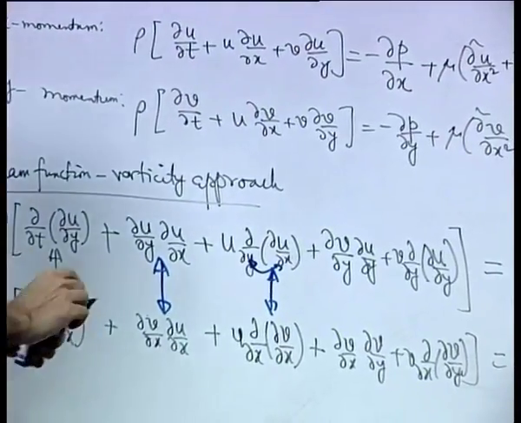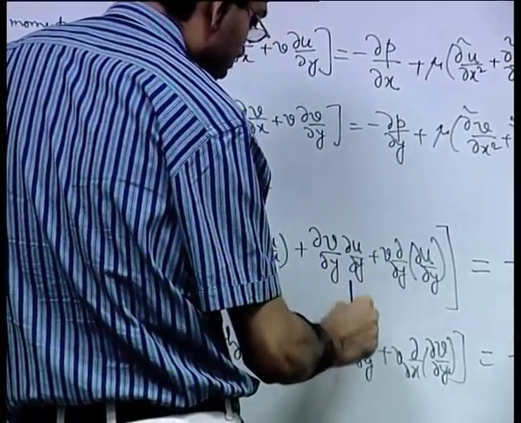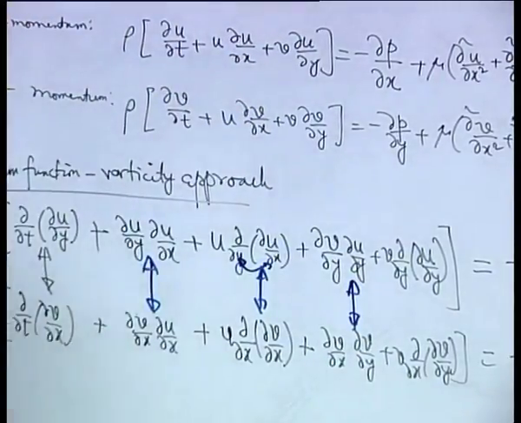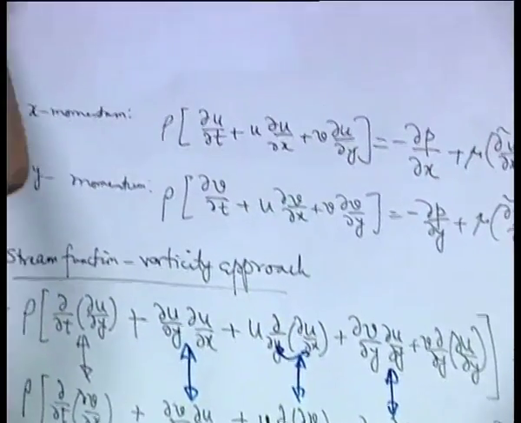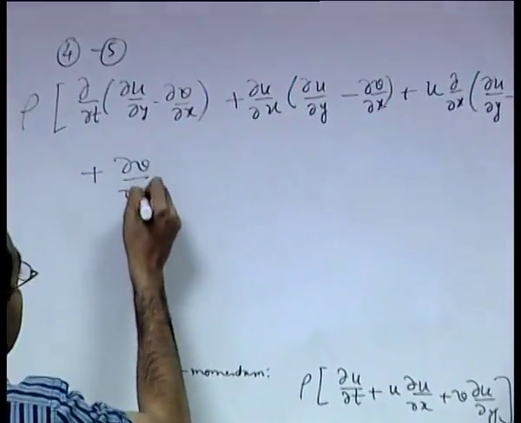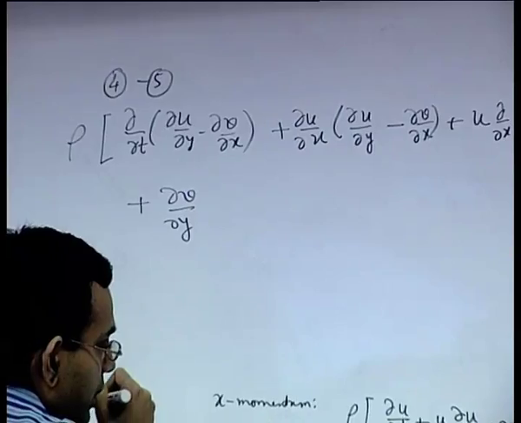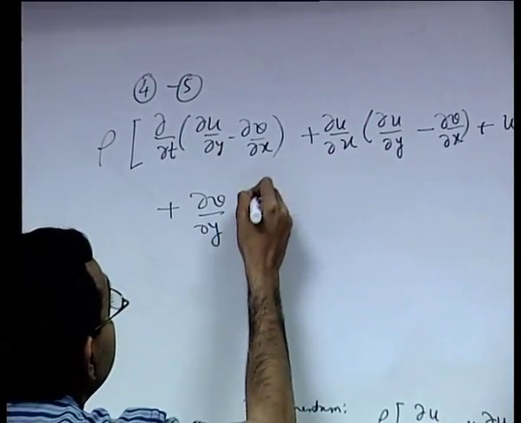The next term you can take del v del y as common. So, del u del y minus del v del x.